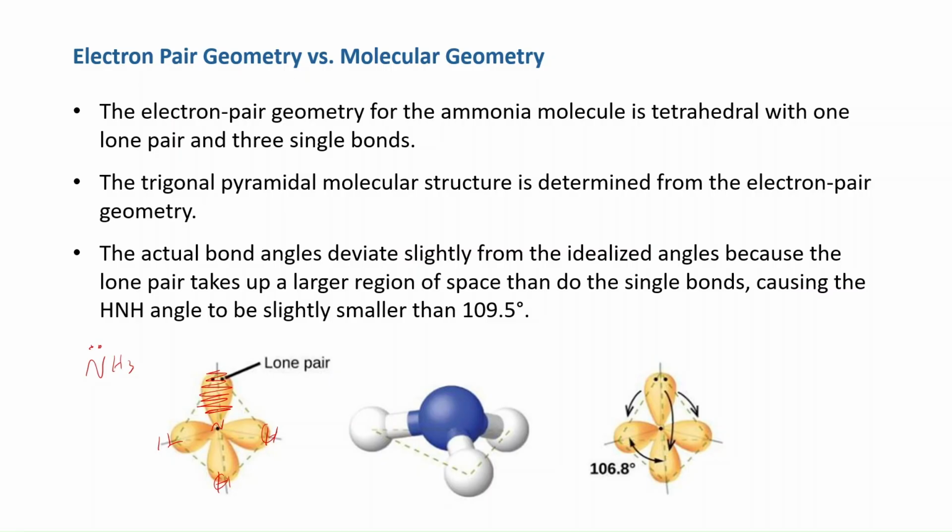It's really a flat pyramid, but a pyramid. And the base is a triangle, so trigonal pyramidal. If the angle was 109 to simplify for the tetrahedral, you don't need to memorize dates. For the ammonia, all I would like you to tell me is that it's less than 109. Why? Because there was a lone pair, so the angle becomes smaller. That's easy to remember.